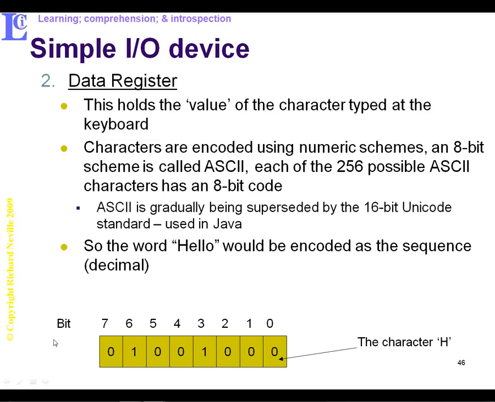So this bit pattern coded in ASCII represents the key press of H. This coding for hello would actually come out as an ASCII coding of 72 for H, 101 for E, 108 for L, 108 for L, and 111 for the O. So that's the sequence of key presses when they're coded to ASCII characters. And they will be placed sequentially one after the other in the data register.